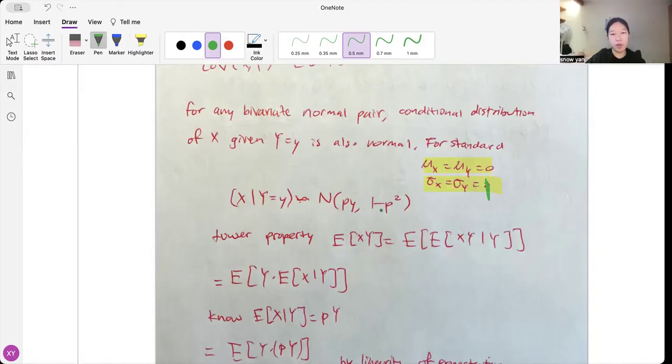Then we can start off the problem by trying to find what E of XY is, because that's the main part.